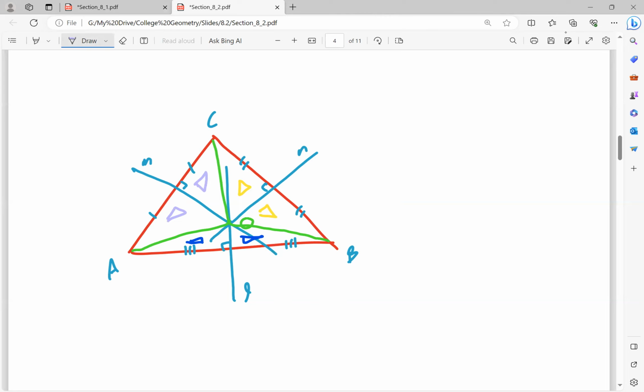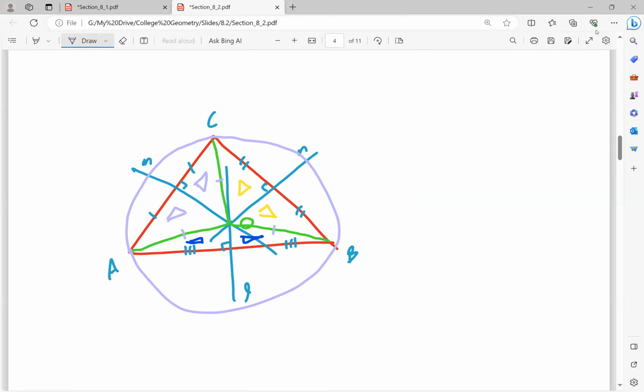So we have these congruences, which means that this is congruent to that, congruent to that. Hence, they're all the same distance, and circles are defined by distances. Therefore, they're all part of the same circle. The end.